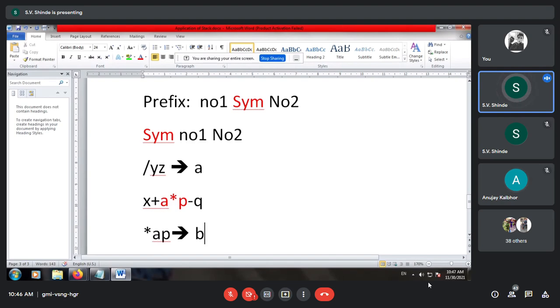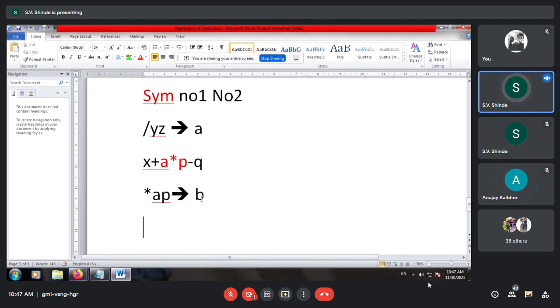Okay, so we have a second statement, that is a into p, and we rename it as b, again putting it into the expression. So x plus, it is a multiplication sign, so over here a into p, this entire symbol will change to b, minus q.